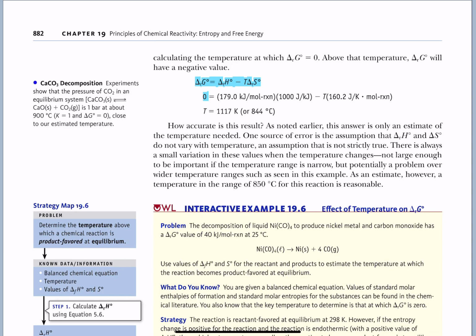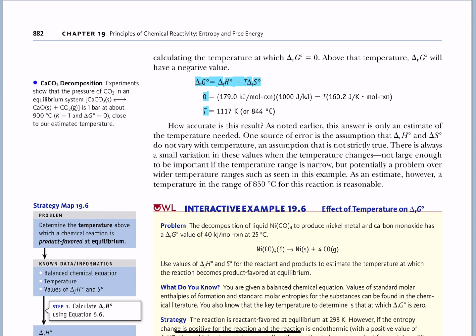Anything less than 0 is spontaneous. Anything greater than 0 is non-spontaneous. So if you set delta G equal to 0 and you solve the equation for T, you can find out the temperature at which a reaction that is not spontaneous would become spontaneous, or the temperature at which a reaction that is spontaneous would become non-spontaneous.